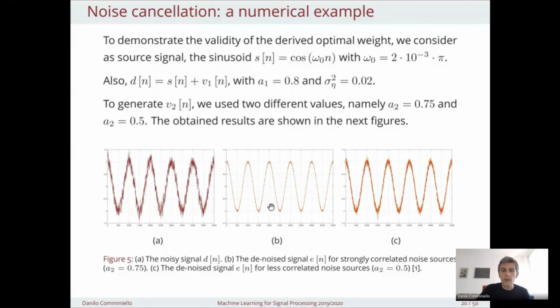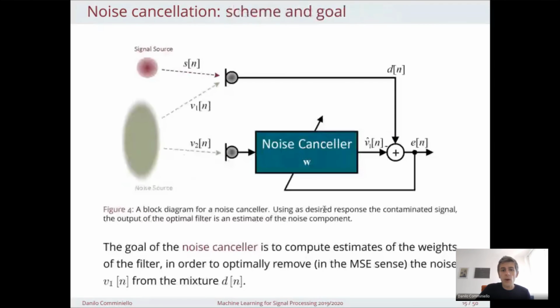You will see how this signal can change if you vary the correlation between the noise signals. The more these signals are correlated, the better is the estimation of the noise signal B1 from B2. We will see this kind of example tomorrow.